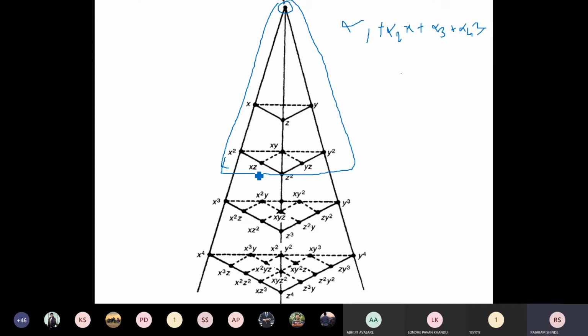Now for quadratic you have to add more terms: alpha 5 x square, alpha 6 y square, alpha 7 z square, then alpha 8 xy, then alpha 9 yz, and alpha 10 xz.